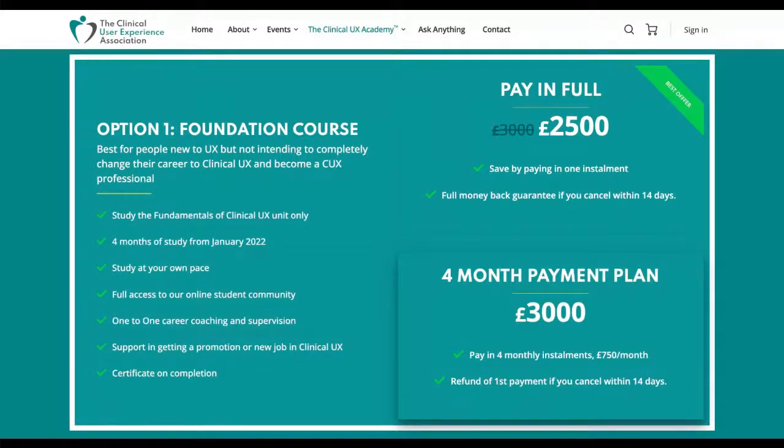If they're only doing this unit on its own, it's good if they want to know more about UX, but they're not sure, or they don't want to commit to working as a UX professional. The fees for that is £2,500 in full, or £3,000 when it's split as £750 per month for a 4-month payment plan.